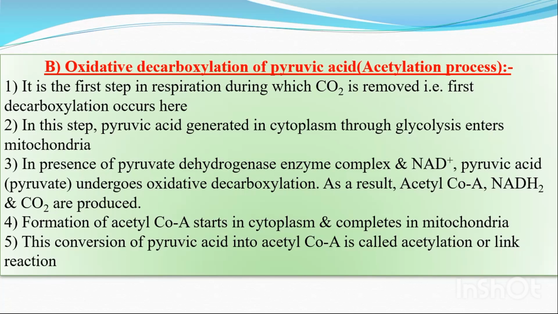Secondly, in this step, pyruvic acid which is generated in the cytoplasm by glycolysis enters into the mitochondria. A very interesting fact is that during glycolysis pyruvic acid was produced, ते सगळं cytoplasm मध्ये होतं. But from there it has to enter into the mitochondria.